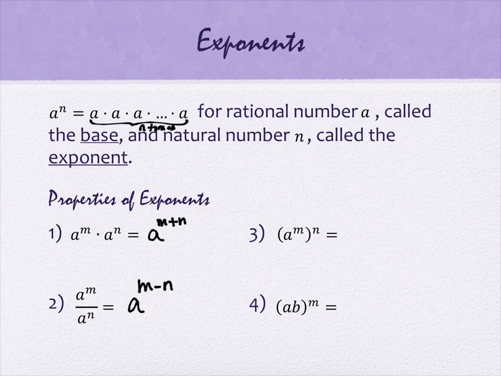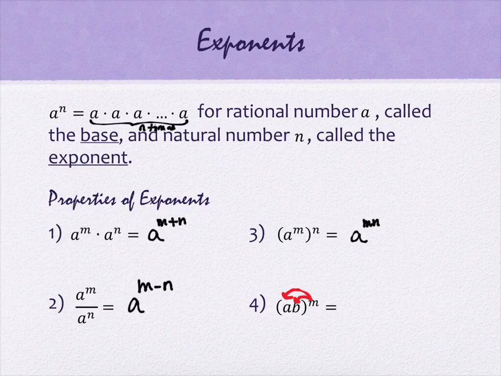3 looks kind of like 1, but it doesn't have that repeated base, right? The base is only there 1 time, so it's A to the m, and all of that has a power to the n. So what do I do with the m and the n? Yeah, we multiply. And then number 4 actually feels a lot like that distributive property we had before.